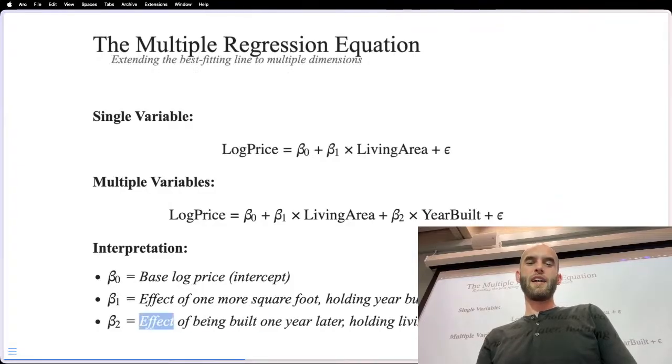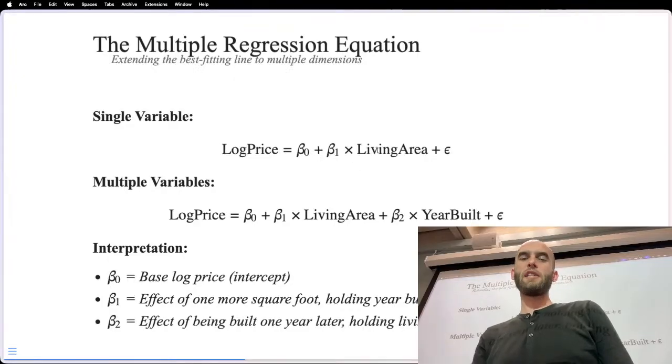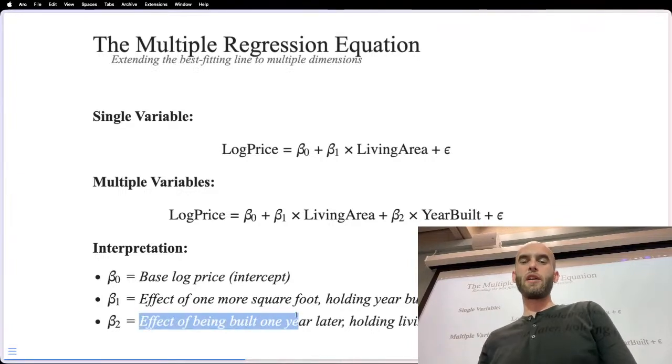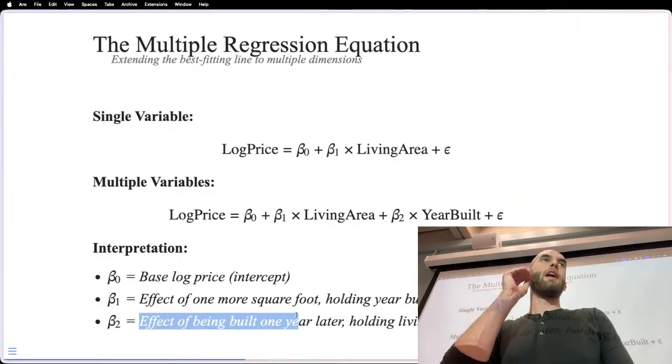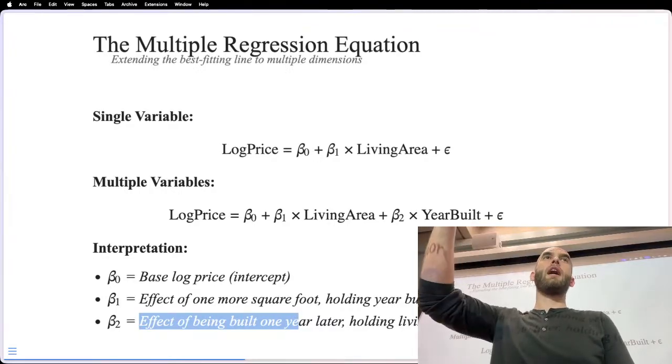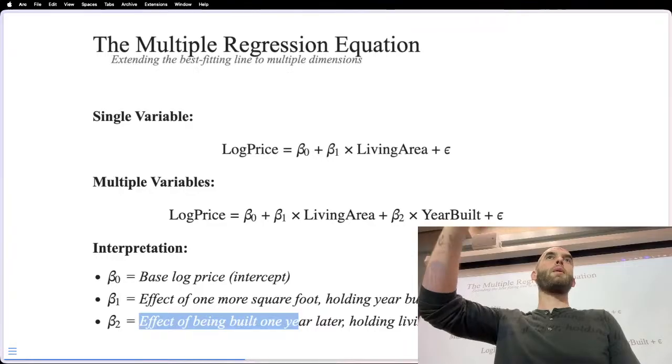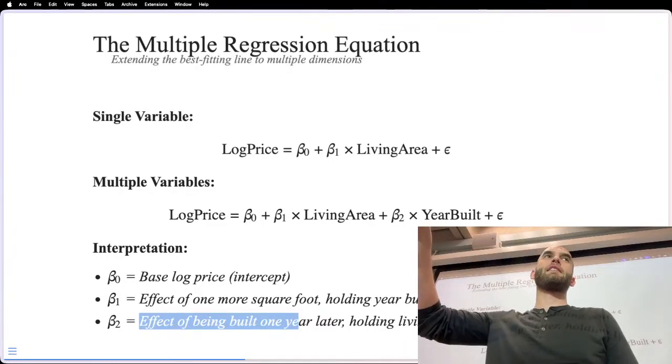So this is the same idea as beta 1, but applied to year built. So this is the effect of being built 1 year later while holding the area constant. So we're saying what happens when you increase the year, but the house size stays the same.